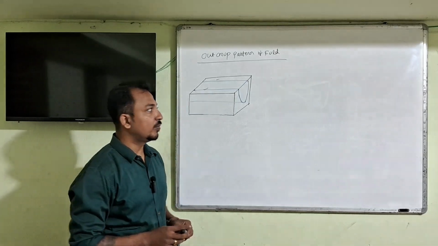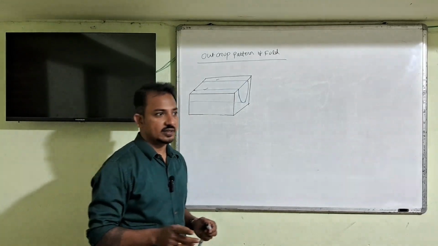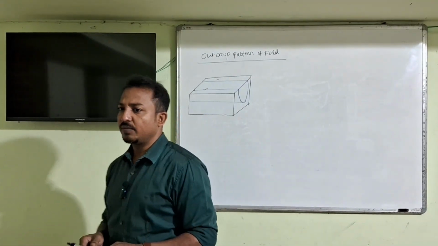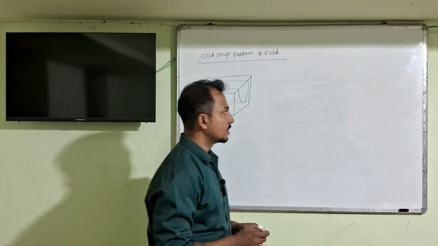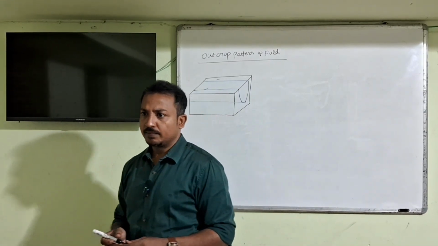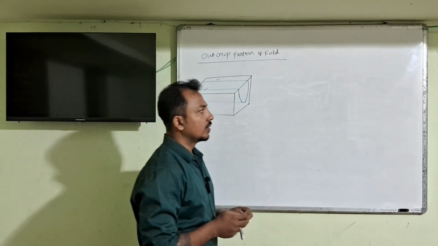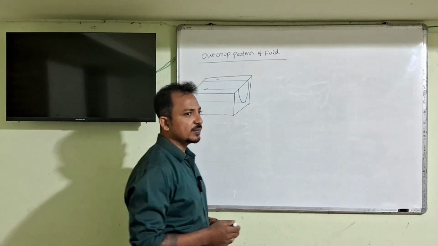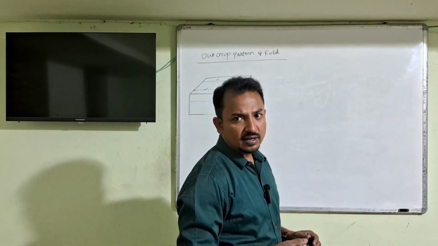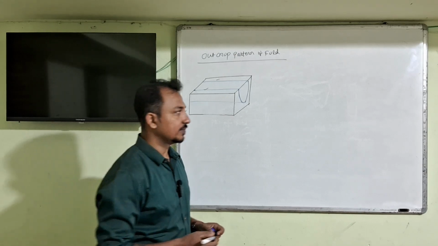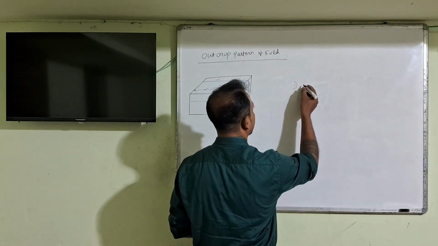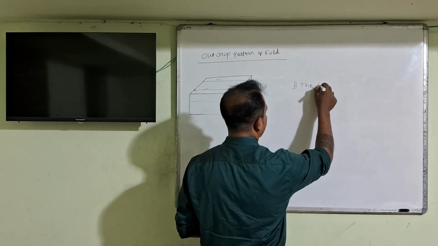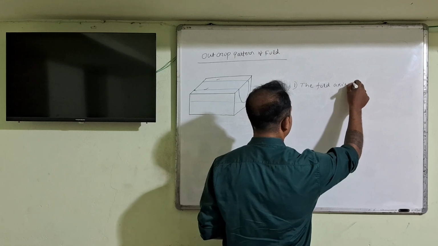Next, write down: if the trend of the fold axis is parallel to the axial plane trace, then in that type of fold, the fold axis is horizontal.